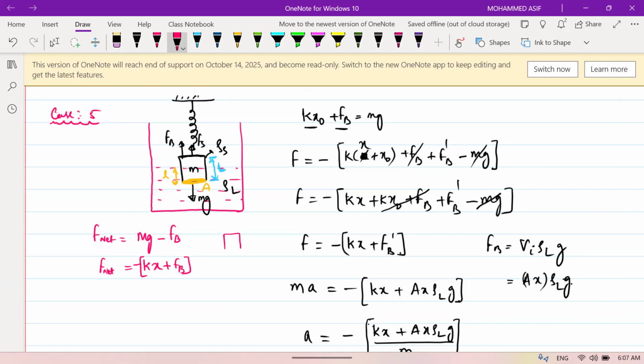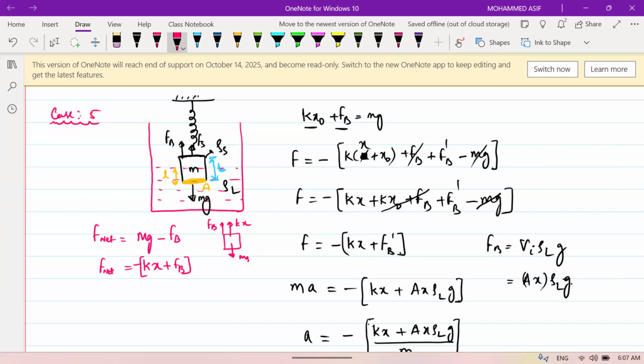In the displaced position, the weight of the body mg is balancing this relation k into x, and buoyancy is also acting in the upward direction. So F net will be equal to mg minus buoyancy force. And in the extreme position, this buoyancy force is balancing your spring force. That is the reason I took mg is equal to k into x. So if I take minus out, it is minus of kx plus the buoyancy force.